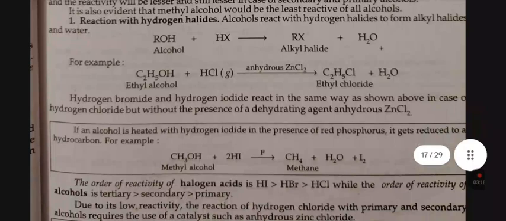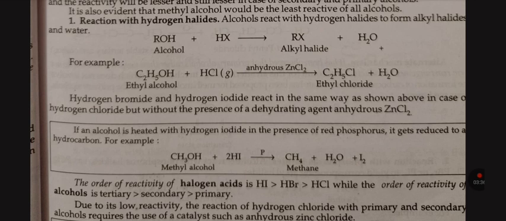First, reaction with hydrogen halides. Alcohols react with hydrogen halides to form alkyl halide and water. ROH plus HX will give RX plus H2O. Hydrogen bromide and hydrogen iodide react in the same way as shown above in the case of hydrogen chloride, but without the presence of the dehydrating agent anhydrous ZnCl2.